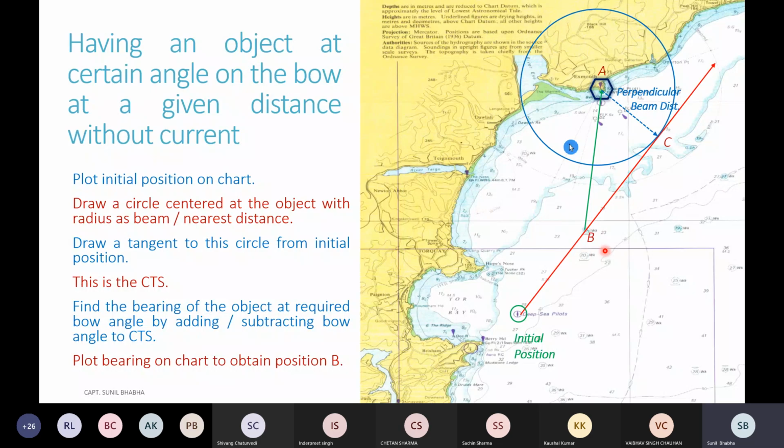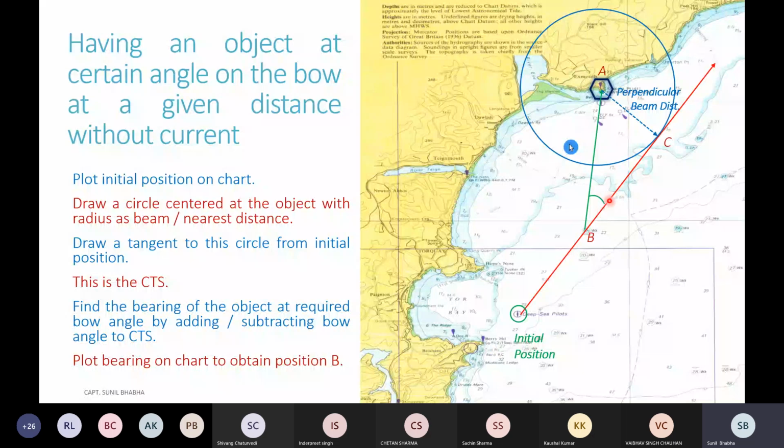Let's name that point as Bravo. So you see point Bravo here on the chart. It is at this particular point that the lighthouse will be at the required bow angle and at the required distance off. Both the conditions would be satisfied.